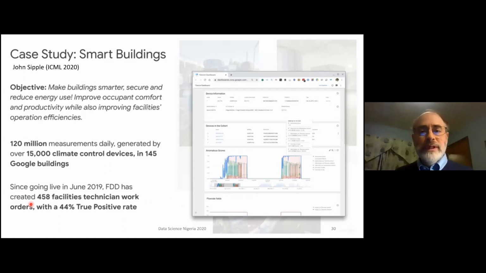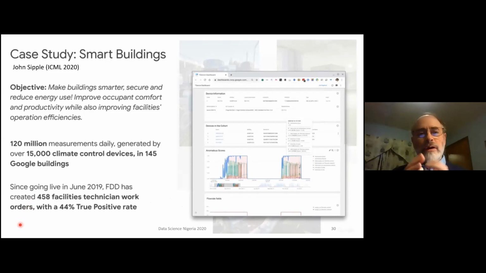There was a really nice paper at ICML this summer using this technique. It came from John Sipple at Google. I didn't have access to his slides, but he does have a video from his poster presentation, so these are screenshots from the video. They're a little blurry and I can't really magnify them.